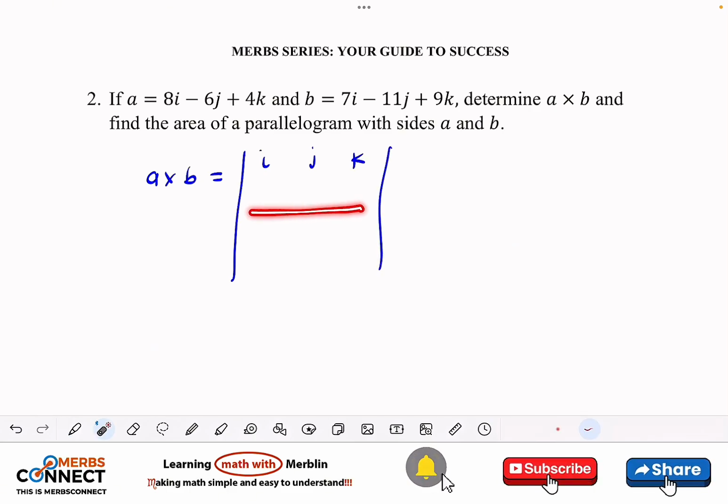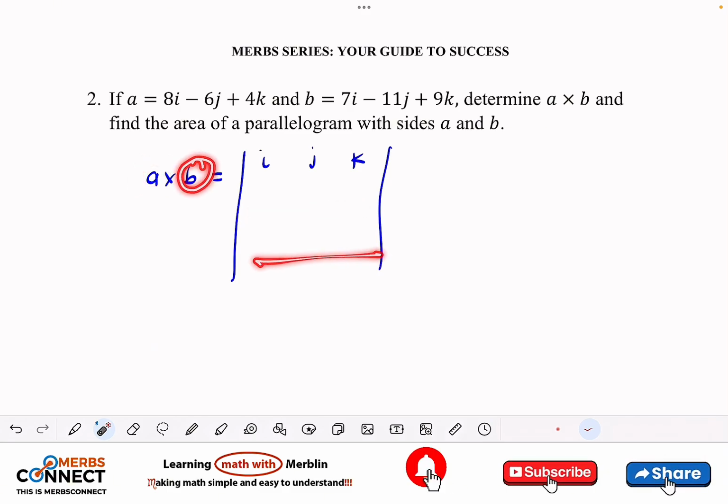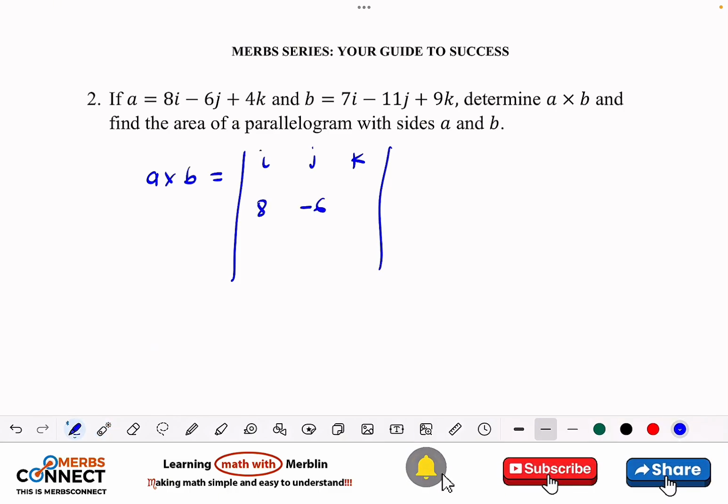Now this should be the A, and the last one should be the B. We don't go with the i, j, k, we just use the coefficients. So A is 8, minus 6 and 4, and B is 7, minus 11 and 9. That's what we are going to get from doing this.